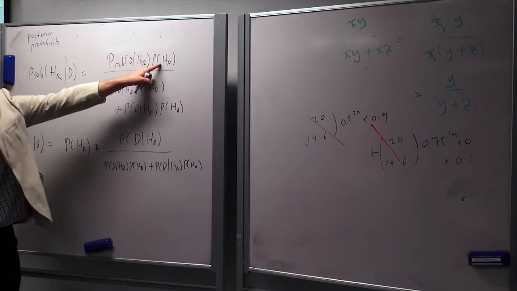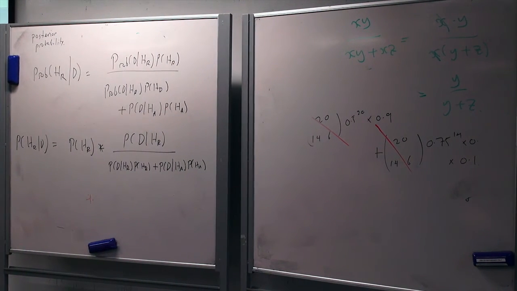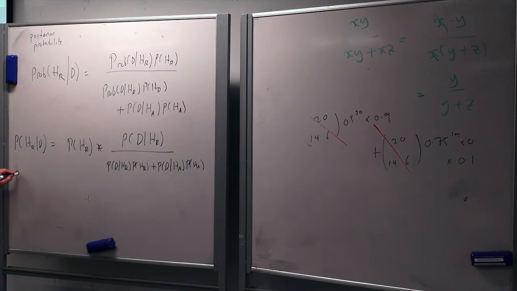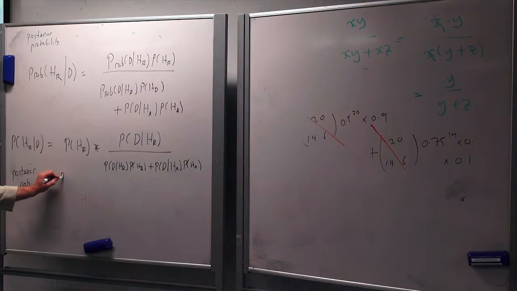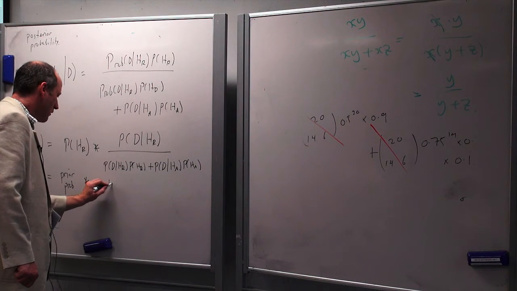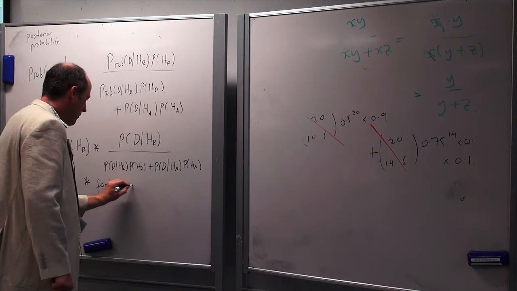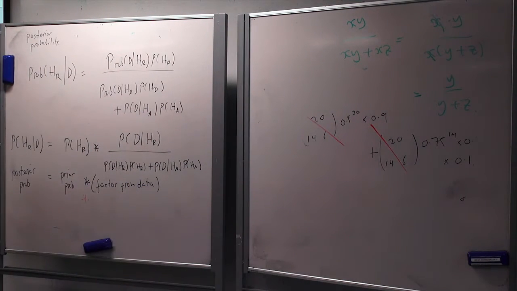All I've done is taken that term there and written it there instead. It's still on the top. It's just multiplied times a factor from the data, which is this mess here.